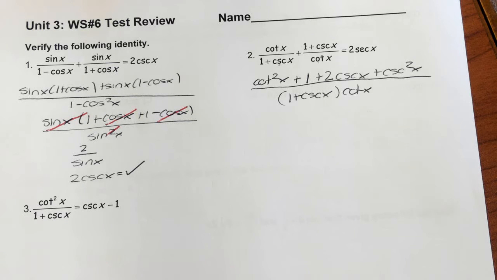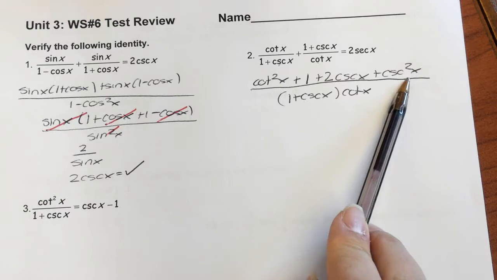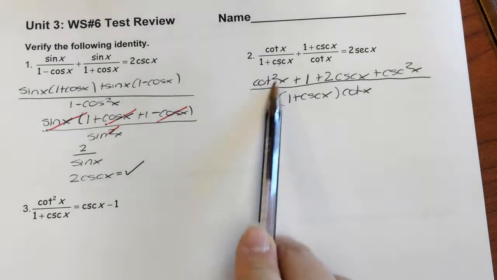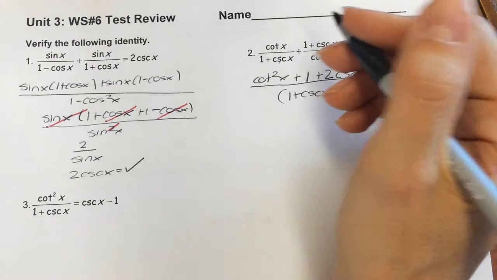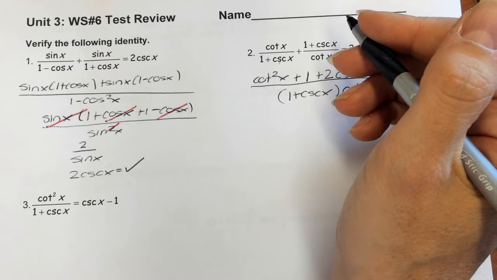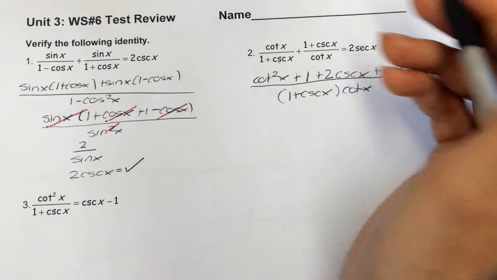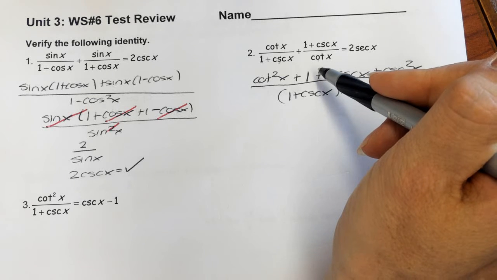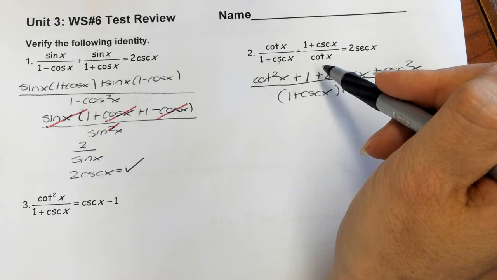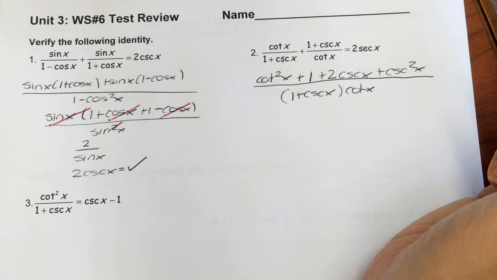And now on the top, I want to get everything in terms of secant. What I notice is I have cotangent and cosecant. So let's get rid of this cotangent up here by replacing it with what it equals. It's a Pythagorean identity. So if you look at your sheet, cotangent squared is cosecant squared minus 1.